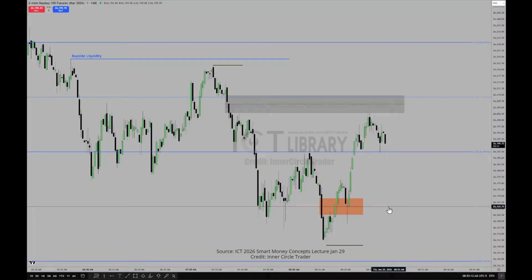You already remove 90% of the struggle if you can define the range that price is trading inside of, which is what I did here. That low and that high.